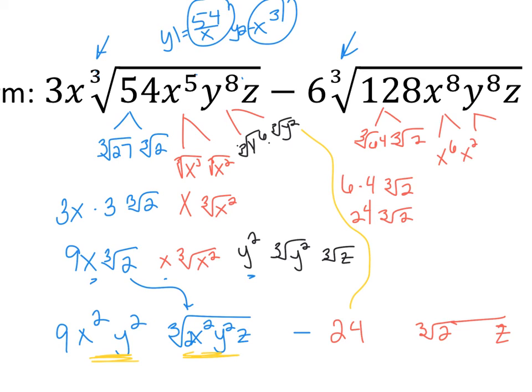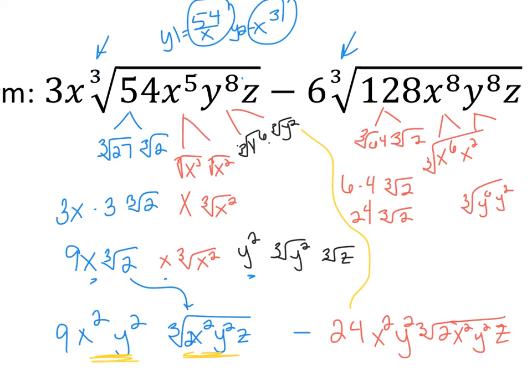It would be 6, and you would take the cube root. So 6 divided by 3 is 2, so that would get me x squared, and then the other x squared would stay inside the house, and then I would do the same thing with the y. It would become the cube root of y to the 6th and y squared, because that adds to 8, and then 6 divided by 3 is 2, and that'll come out, and then y squared will stay in there.